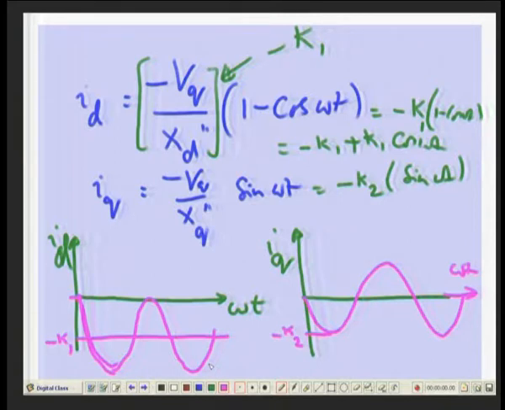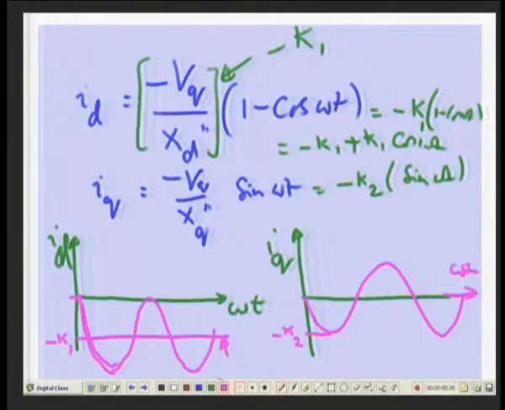So, what that means is if you neglect resistance, the dq quantities will be sinusoidal with time, but with a DC component.